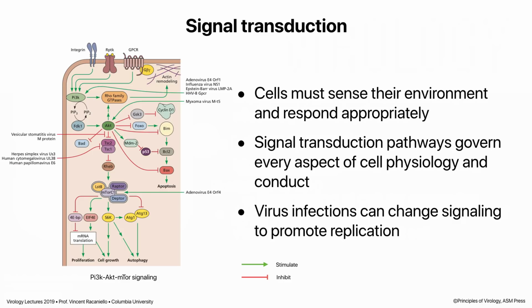So depending on the outcome required by the virus, they can stimulate or inhibit some of these pathways. We'll look at some specific examples in a moment. But here, this is a cell growth pathway, so you can imagine that a virus will stimulate cell growth so that it's able to reproduce, and cell division, like we talked about last time.